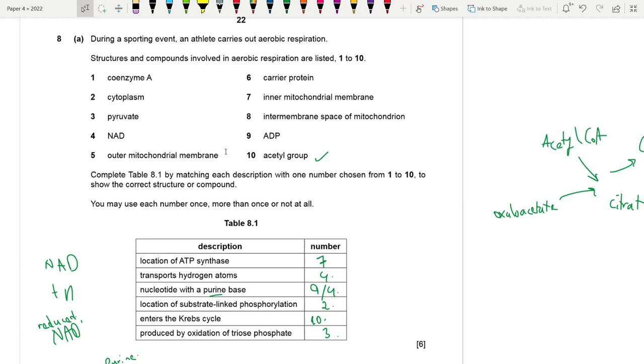We need a nucleotide with a purine base, so mainly it's ADP, adenosine diphosphate, right? And NAD also works. What is NAD? Nicotinamide adenine dinucleotide, right? That is why it also works, since it contains adenine.